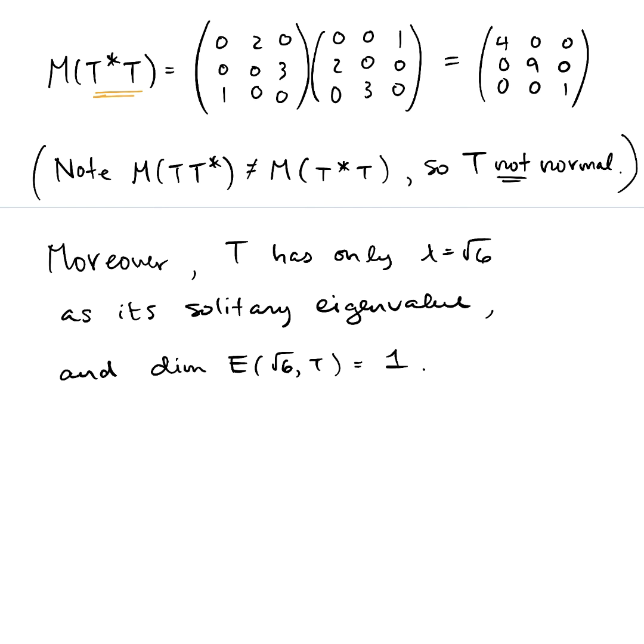T has only one eigenvalue. This one eigenvalue yields only a one-dimensional subspace of eigenvectors. This is a three-dimensional problem. So this T is not diagonalizable.